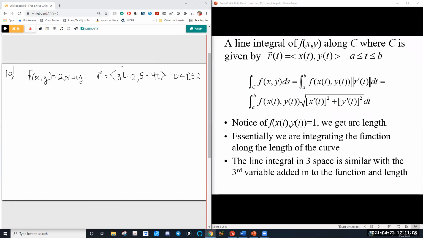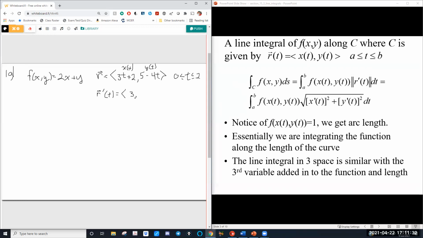Remember what this is here. This is x of t. This is y of t. Well, we know we need x prime of t and y prime of t. So basically what we're going to do is find the derivative of r. I probably should have put a t in there, but we won't worry about that right now. We're going to do the derivatives of each of these with respect to t.